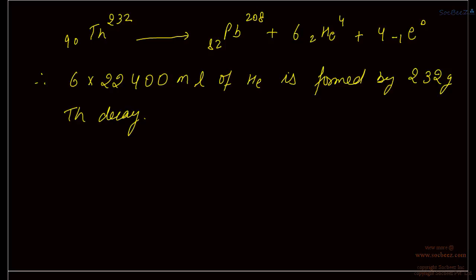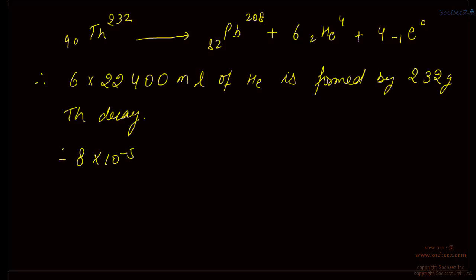Since 1 mole of thorium gives 6 moles of helium, and 1 mole of any gas occupies 22,400 milliliter at STP, 6 into 22,400 milliliter of helium is formed by the decay of 232 gram of thorium.